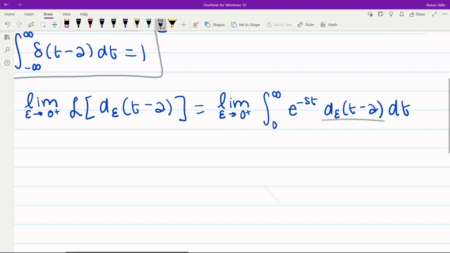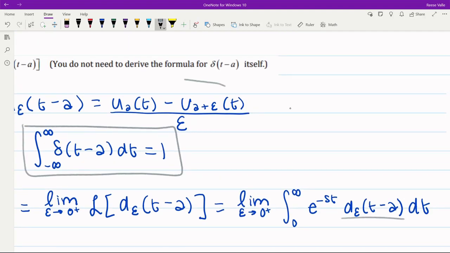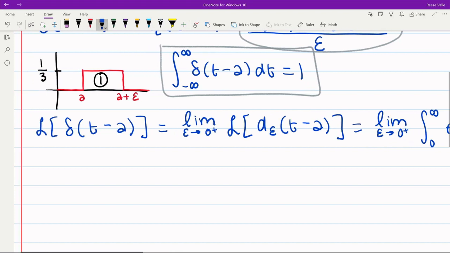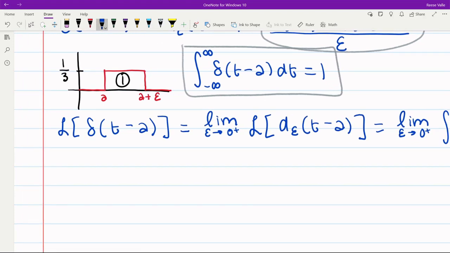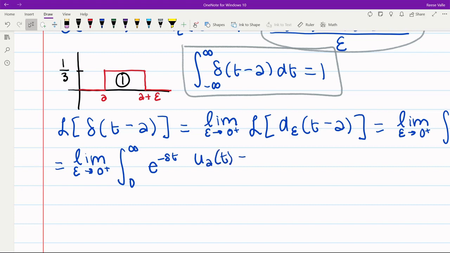And now we can substitute: the limit as epsilon approaches 0 from the positive side, integral from 0 to infinity, e to the negative st, times u sub a of t minus u sub a plus epsilon of t, all over epsilon, dt.